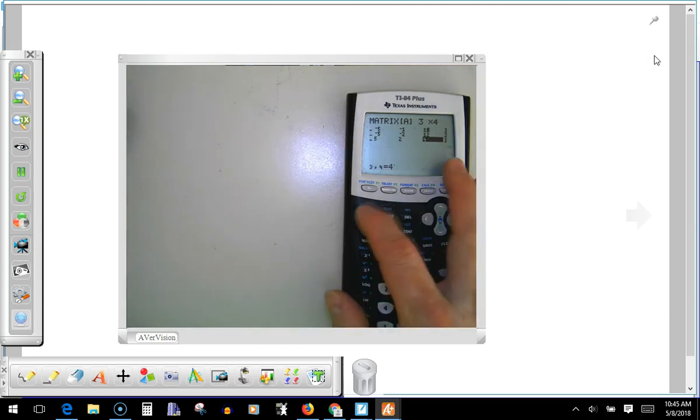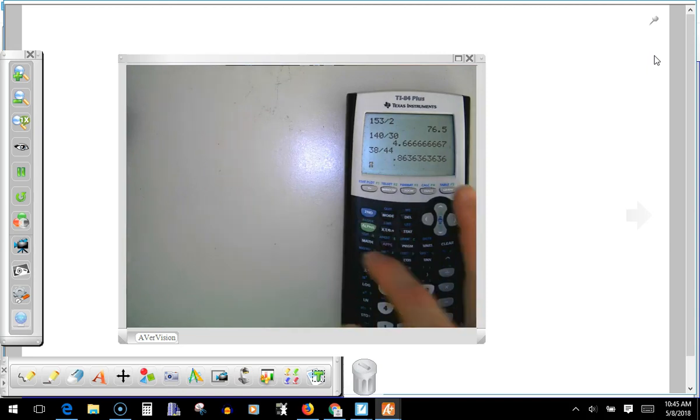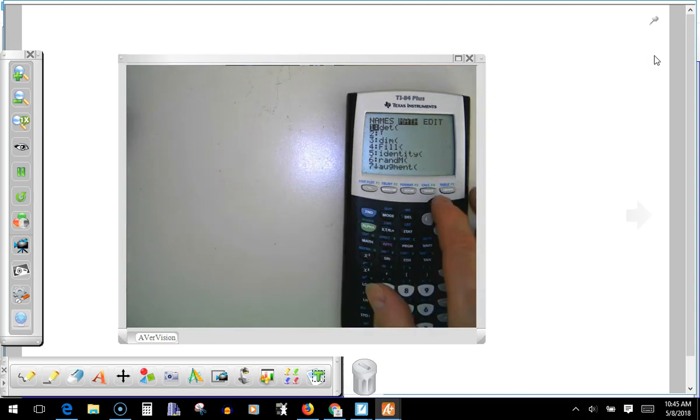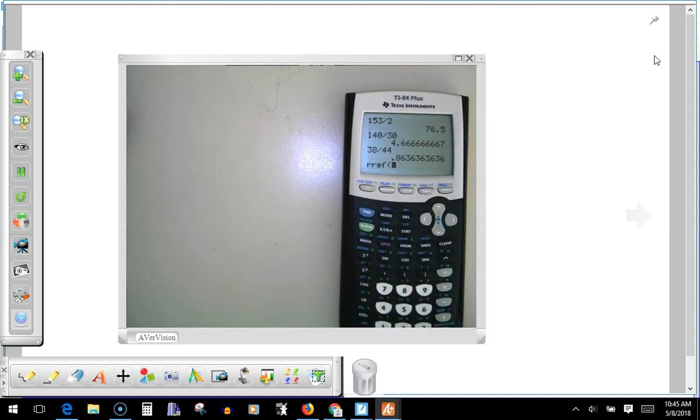And this one you have to quit, go back into Matrix, go over to Math, go to RREF, tell it to pick that matrix, just more keystrokes, and there's your answer, -402. So, it makes no difference which way you want to go with it. It's up to you.